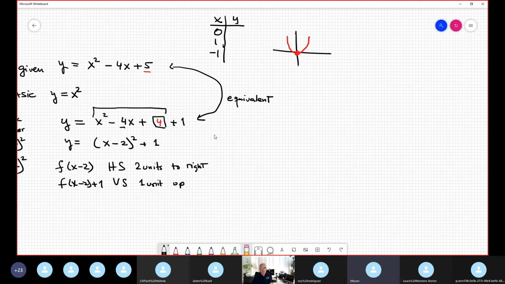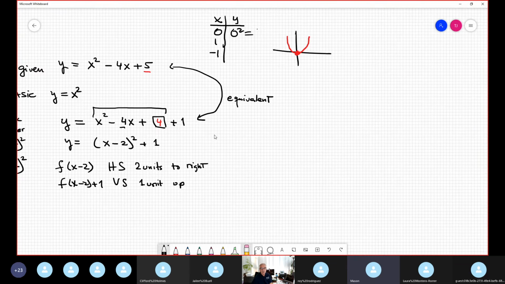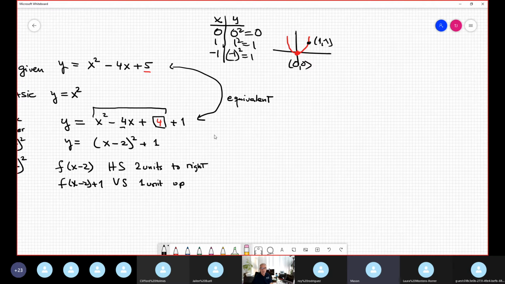Always I can apply it by using this. 0 squared is 0. That is the reason that that point is (0, 0). 1 squared is 1. That is the reason that that point is (1, 1). And negative 1 squared is positive 1 again. That is the reason that this point is (negative 1, positive 1). And this is the graph, roughly, of my basic function.